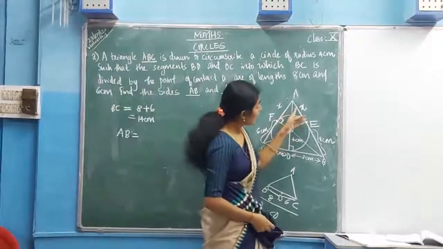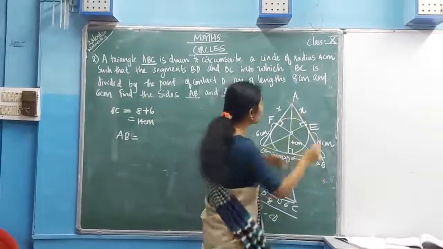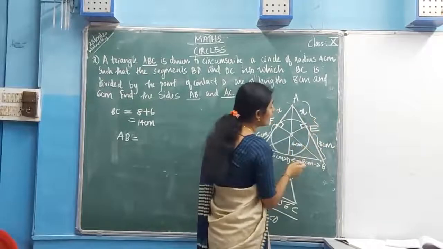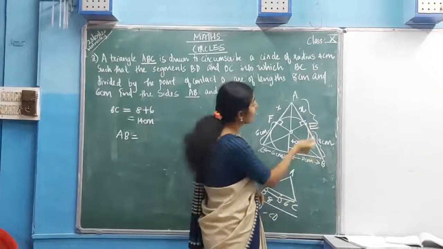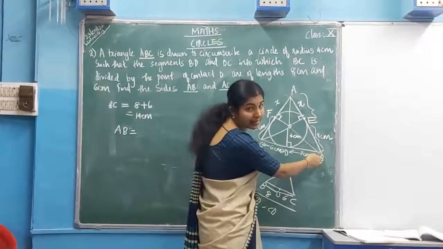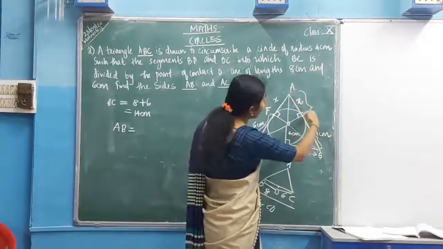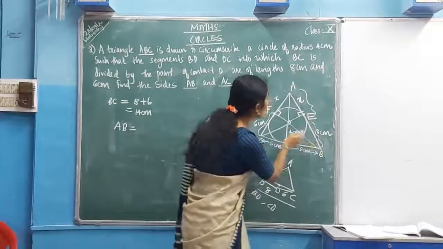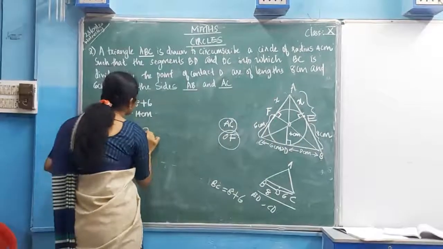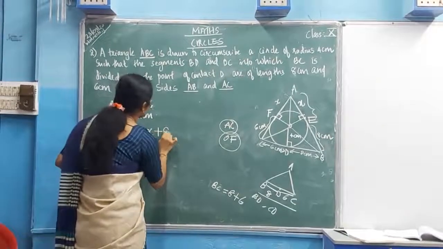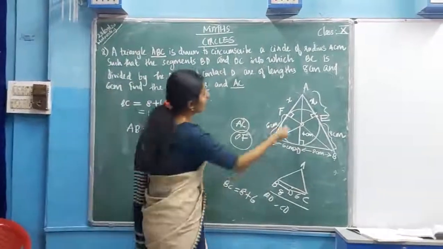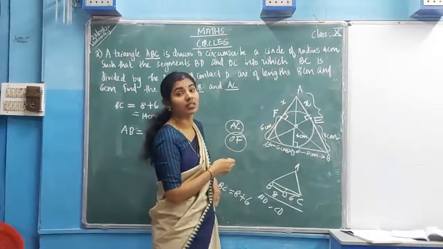Now we see AB. The side AB is the sum of AE and EB. So what is AB? AB is x plus 8. Now we see the side AC.